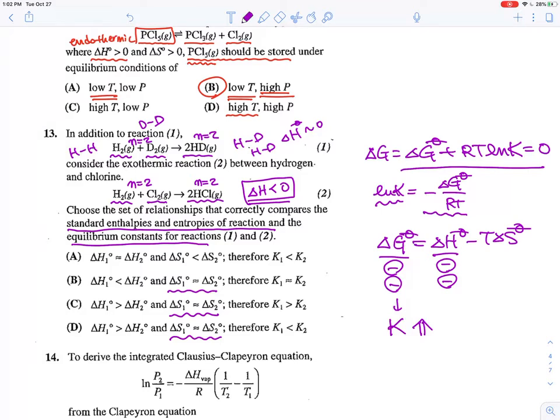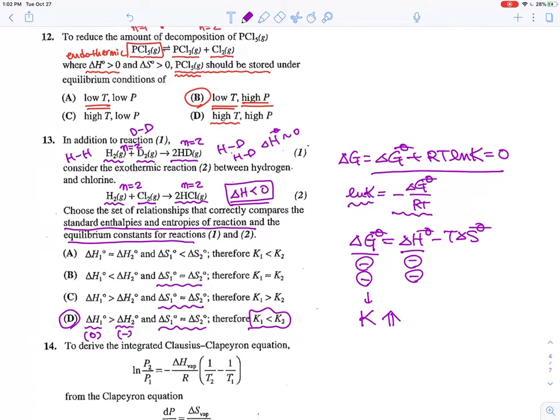Therefore, my assessment is that the K2 value is bigger than the K1 value when its negative value is smaller than the 0 value here. This will be my answer, as far as I can make a guess.